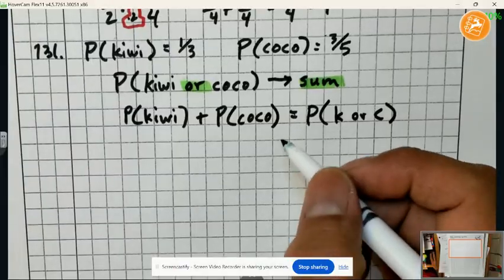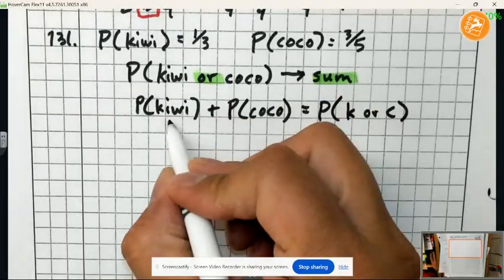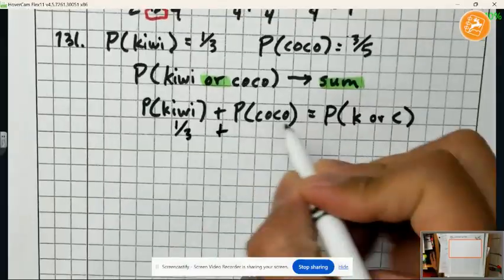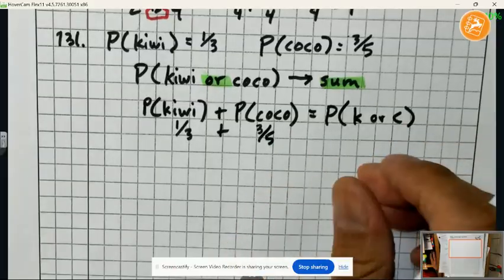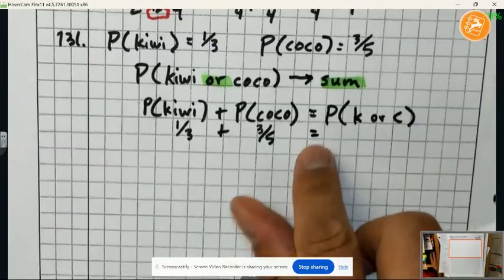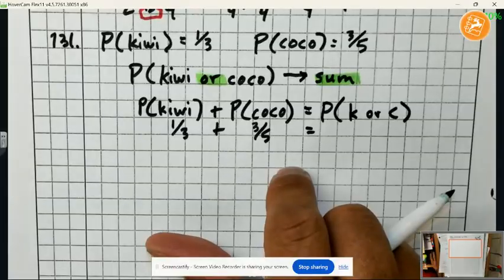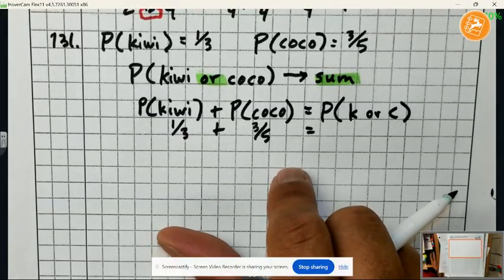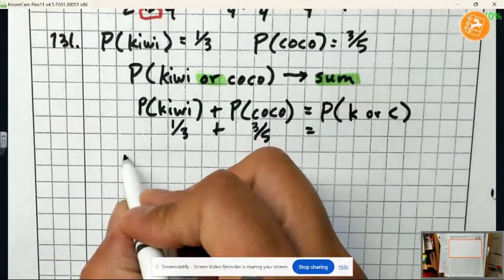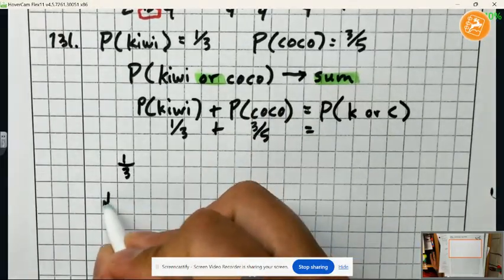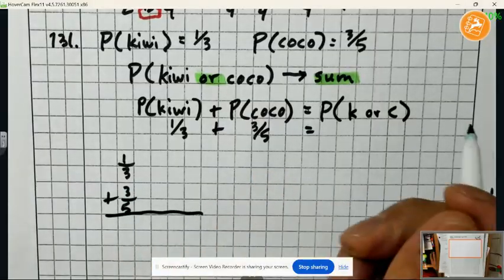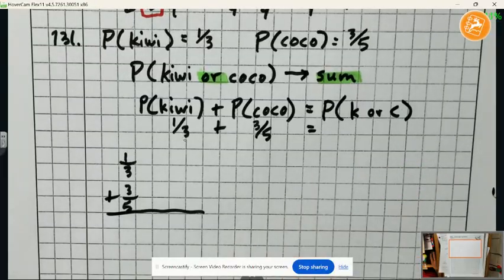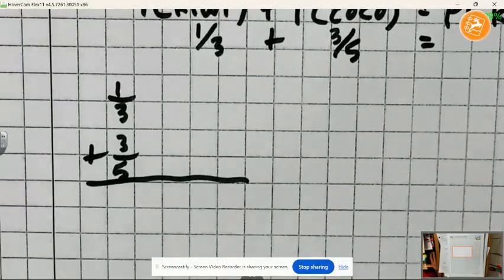So we know first the probability of kiwi is 1/3, and the probability of coconut is 3/5. And so we are now adding fractions, but now we're adding fractions that don't have the same denominator. So let's go ahead and do this. 1/3 plus 3/5, and I find whenever we're using the giant 1, it's easiest to lay them out vertically.